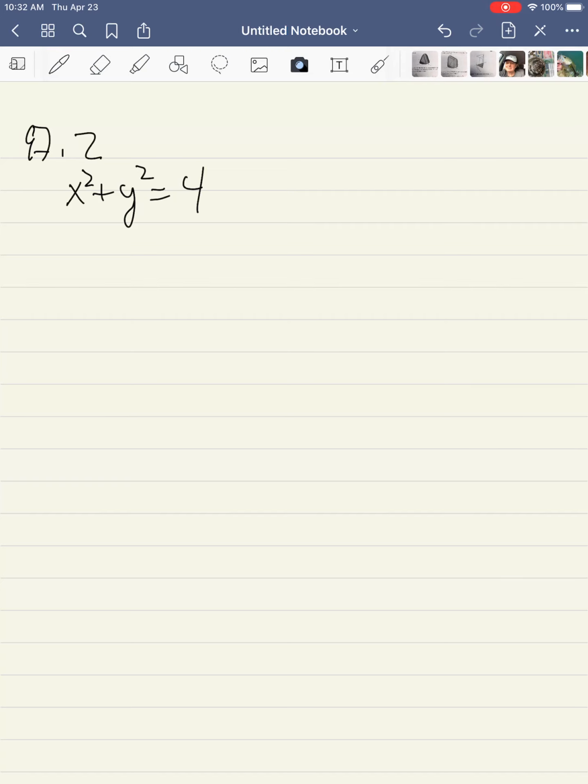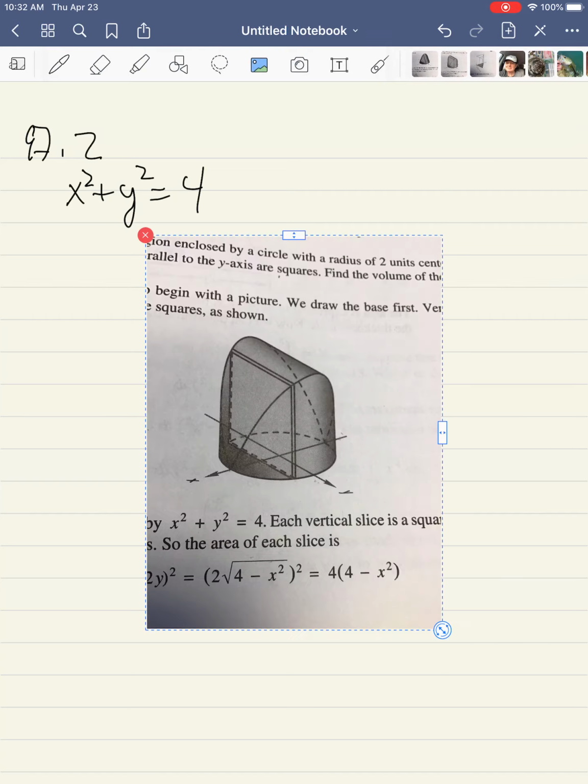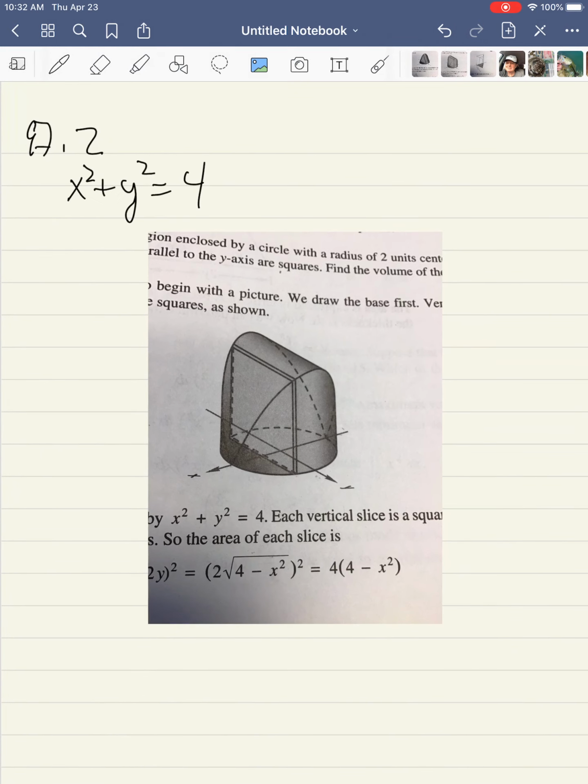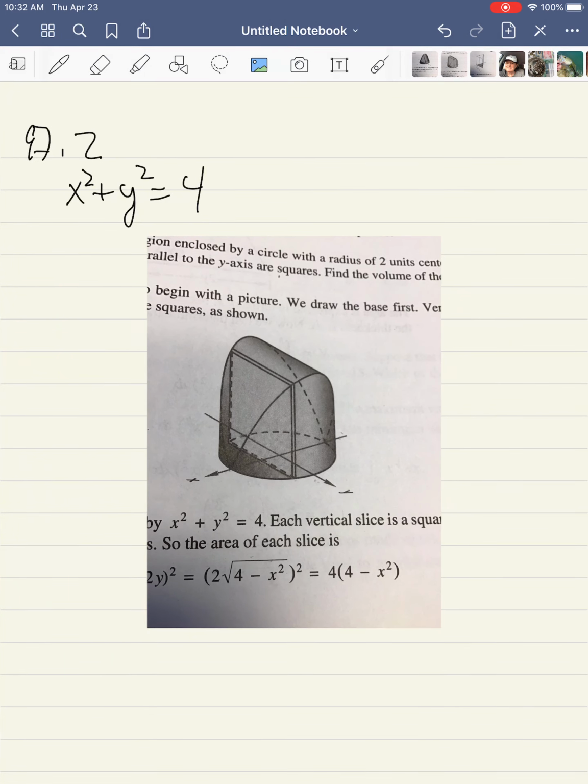Okay, so let's look at this picture. Okay, it's going to have to stay there. All right. Notice that this is the y-axis.